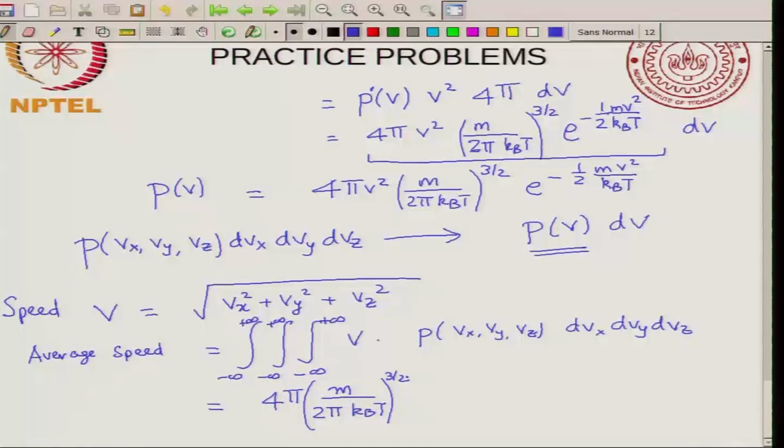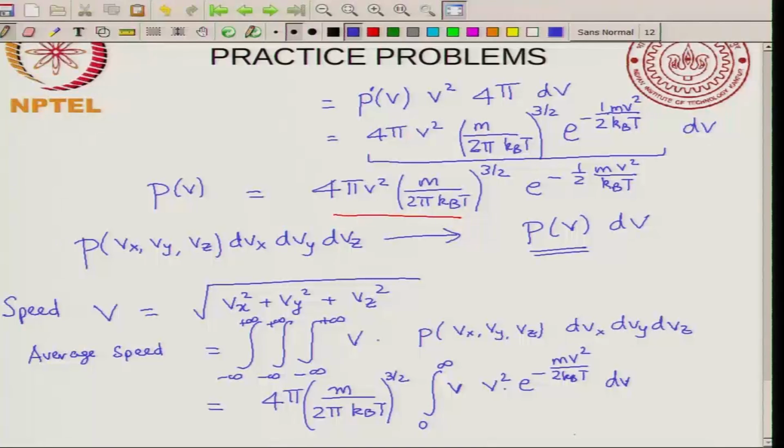I am just copying this expression from here and bringing it here. I took all this outside the integral and then I have a single integral from 0 to infinity, since the speed can only be positive. So, V goes from 0 to infinity and now I have V times V square e to the minus m v square by 2 k B T dV.